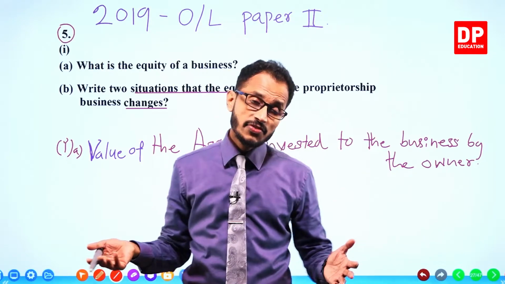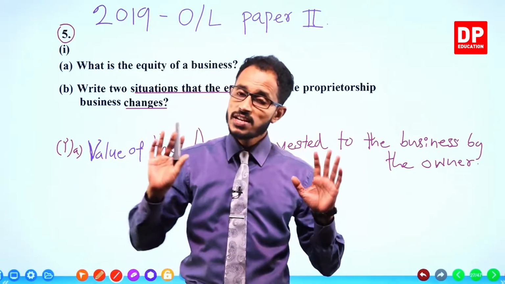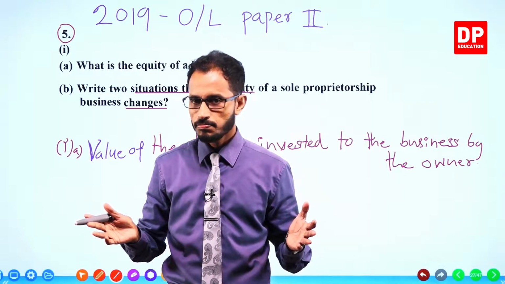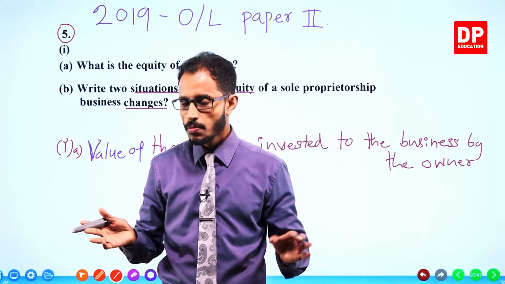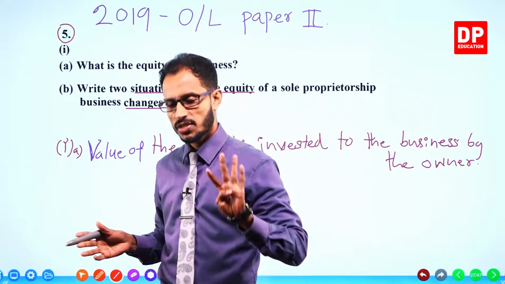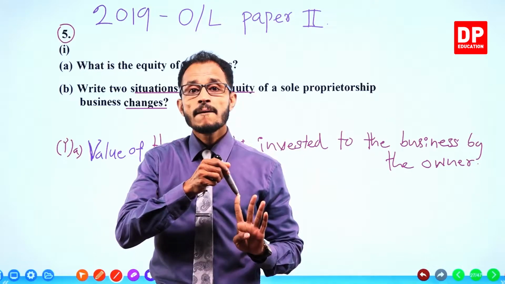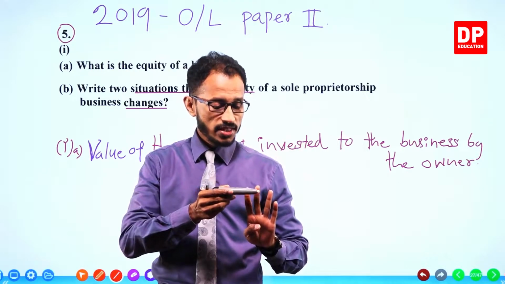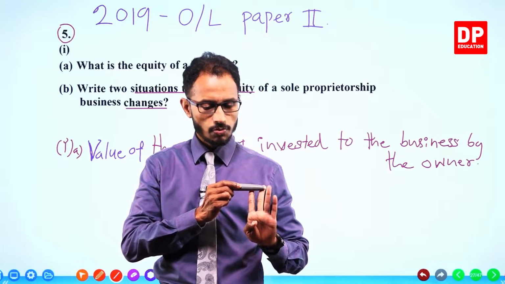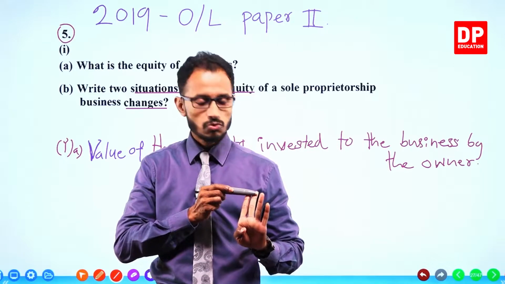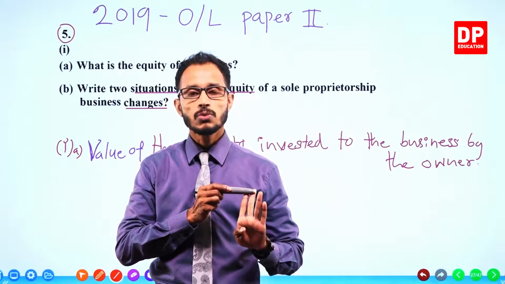I have told you enough times that these are the most fundamental, basic parts of accounting. Equity changes with 4 transactions. Equity increases with 2 and decreases with 2.